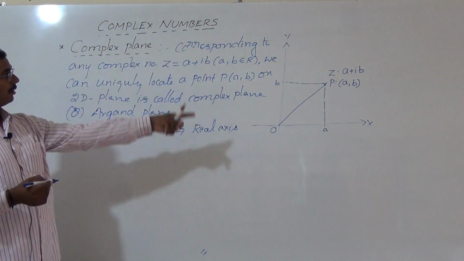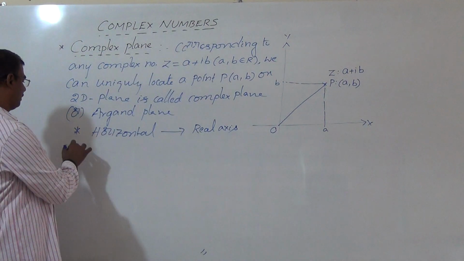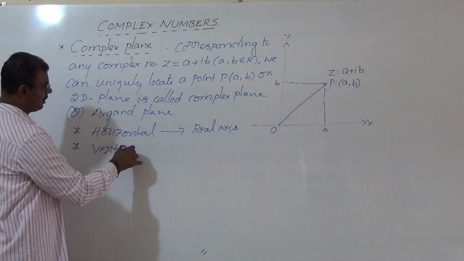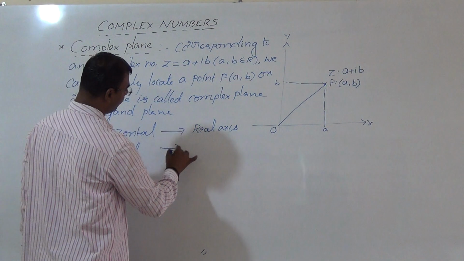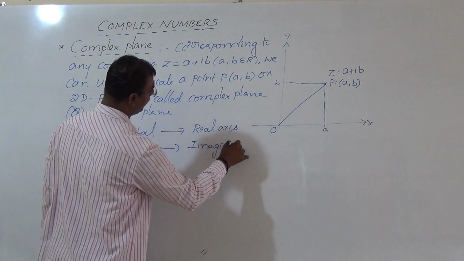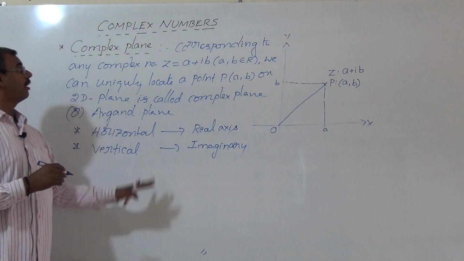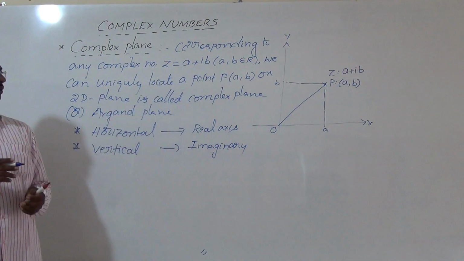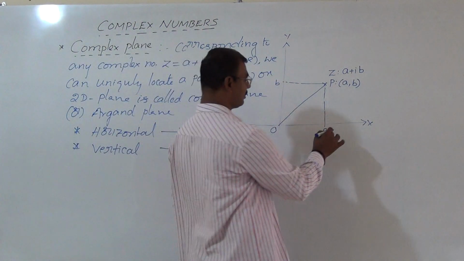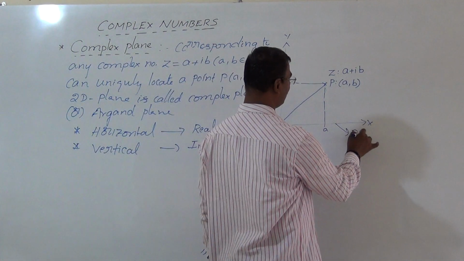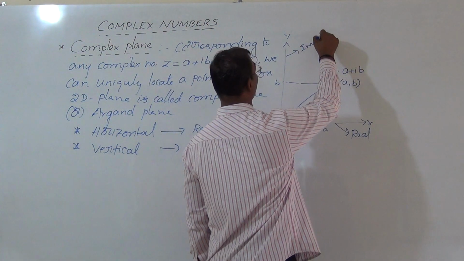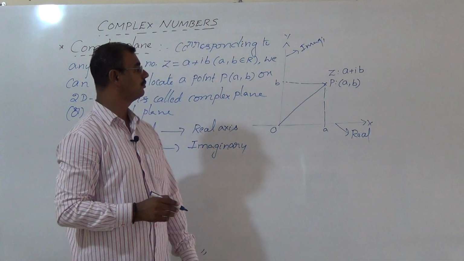And next, the vertical axis, that is nothing but the y-axis, which is called the imaginary axis. In the complex plane, we should call them real axis and imaginary axis. So this is the real axis, and this is the imaginary axis.